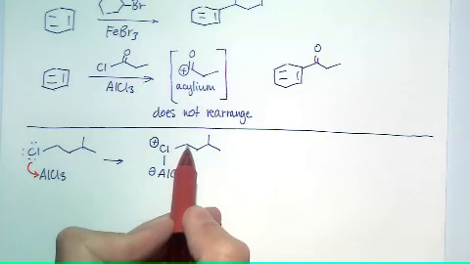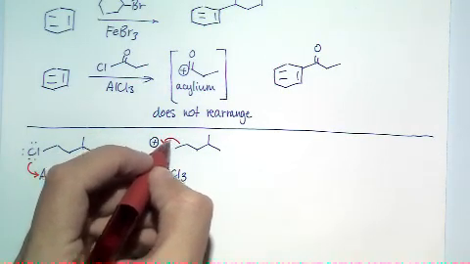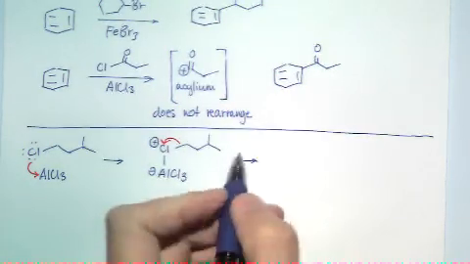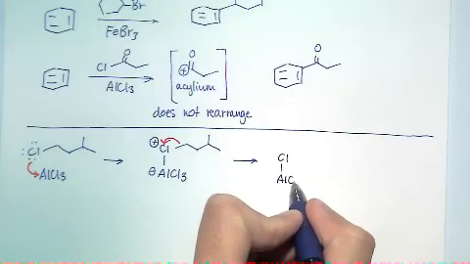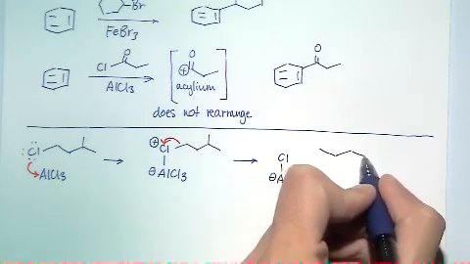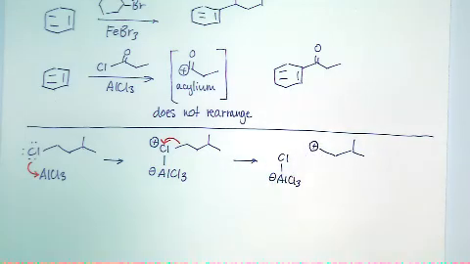And then we're going to break this carbon-chlorine bond. And so the initial carbocation that we generate is that.